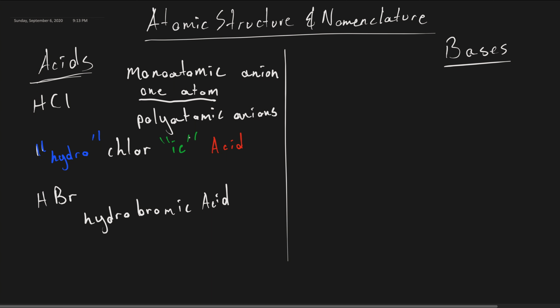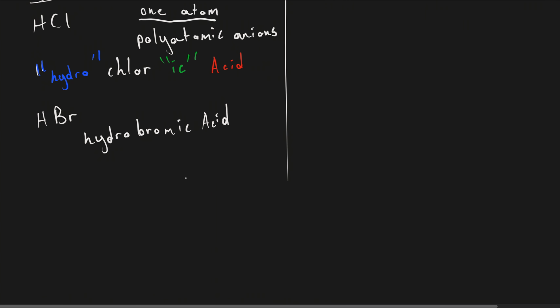Now, how do we name polyatomic anions? We know that the base form of a polyatomic anion has ate, but when we have less, it has ite, meaning fewer oxygens within the polyatomic anion.